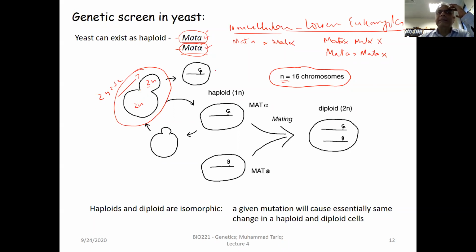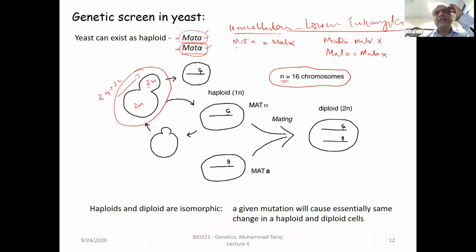Okay. However, if it undergoes meiosis, then it is going to produce the spores, and from one diploid you will end up with both mating types, because as I said, these are like MAT a, MAT alpha.